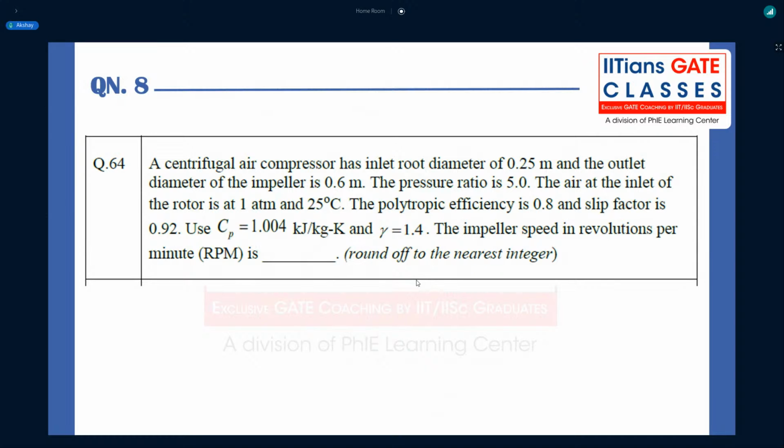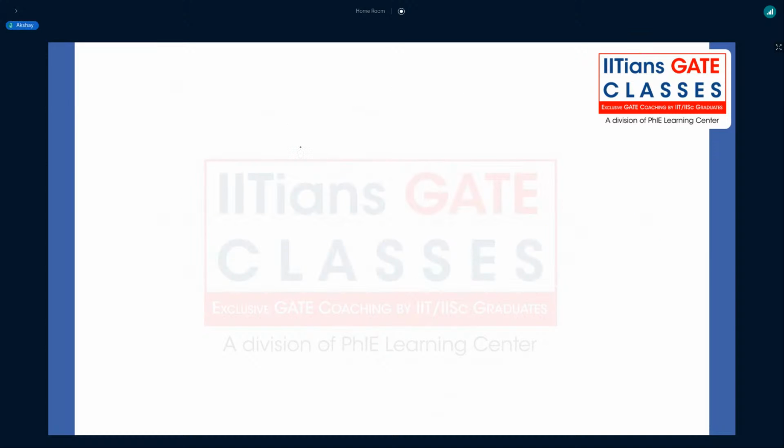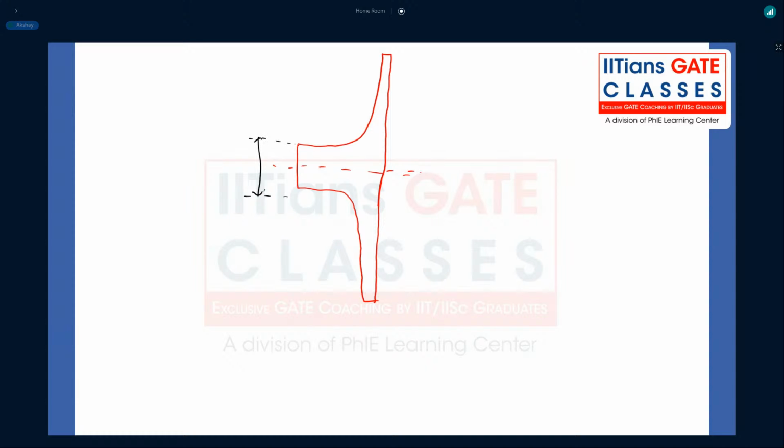This is again an interesting question. So what do we have is, I have a centrifugal compressor, right, with the impeller root diameter given and impeller tip diameter is given.